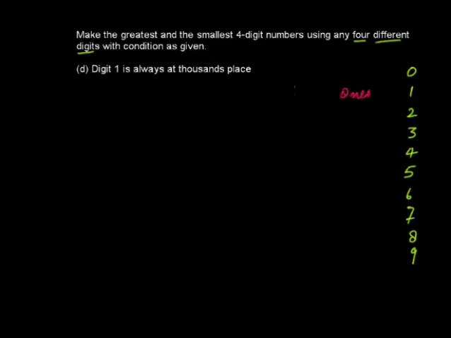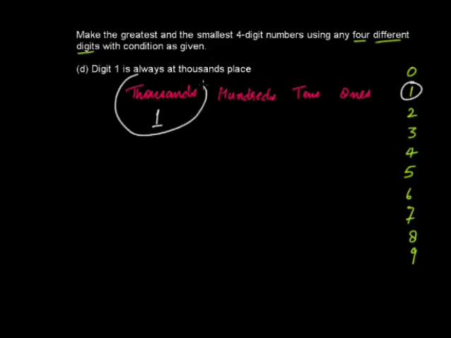Ones place, tens place, hundreds place, and thousands place. This 1 is always at the thousands place. Therefore, just forget this. Ignore it.